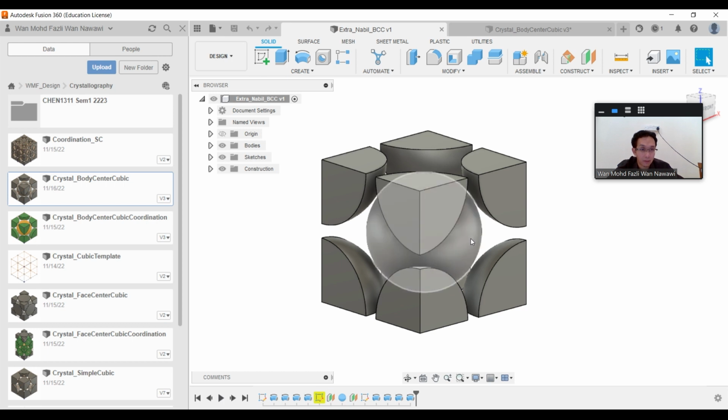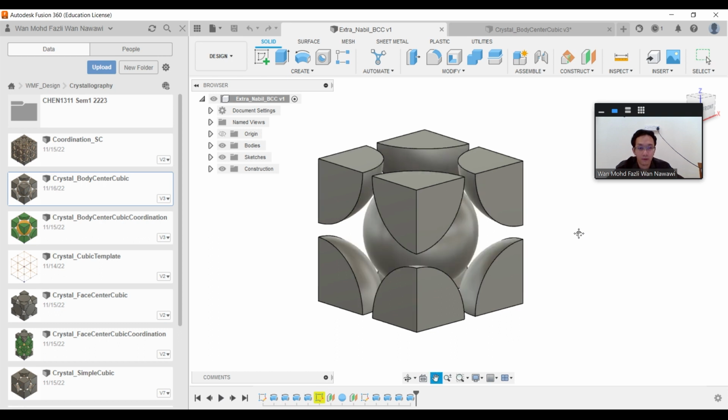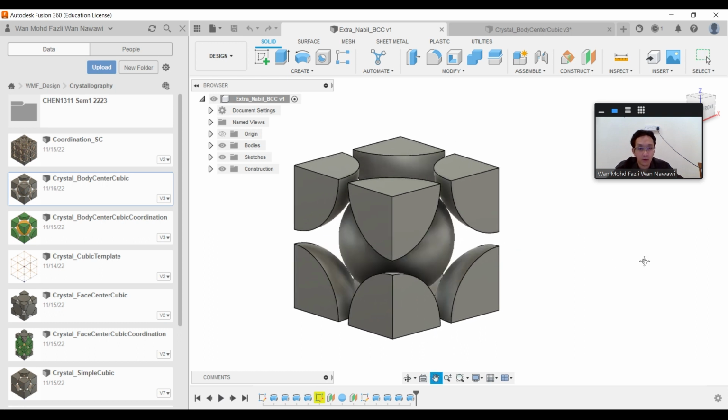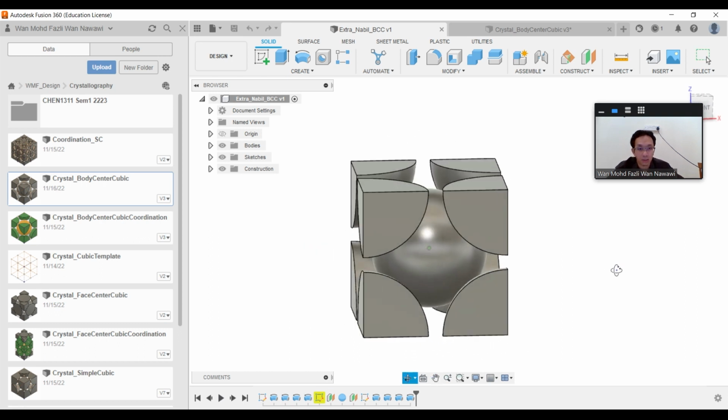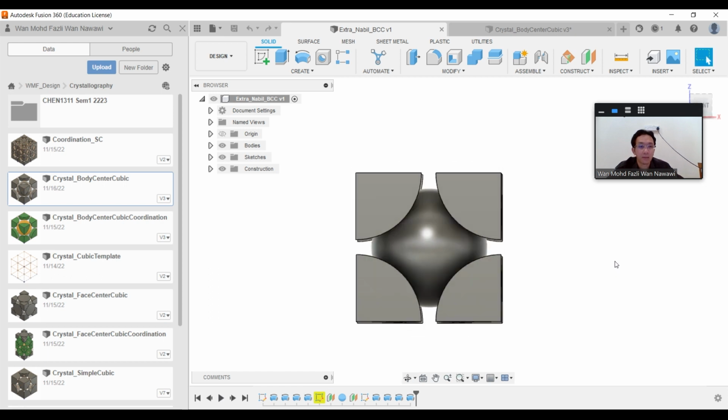The atom in the middle is the same size as the atom on the corner. Also, if you look from the front, you can see the corner atom doesn't touch another corner atom. But the corner atoms touch the middle atom.